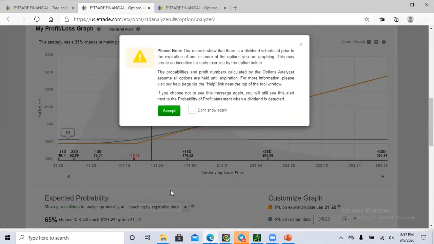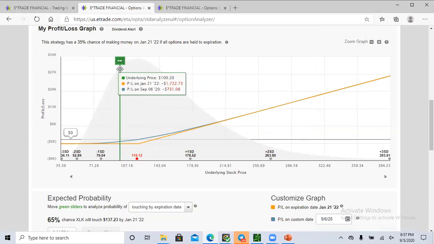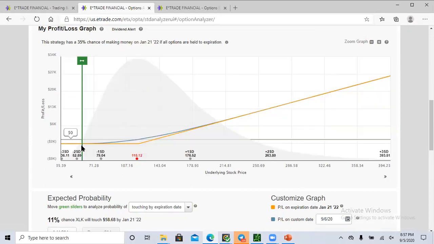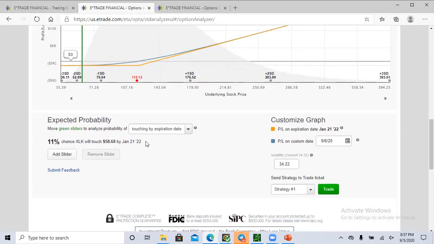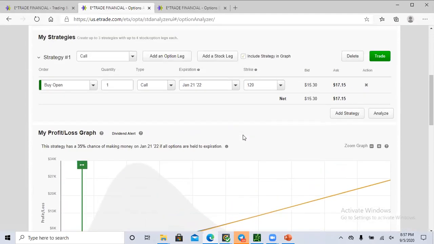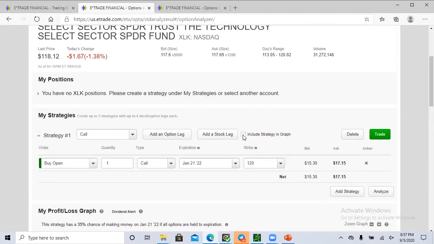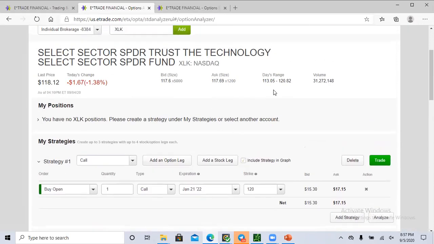Because I was just looking at this the other day. Where does it show? So it's somewhere on here.